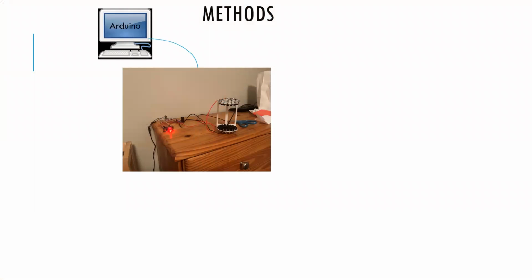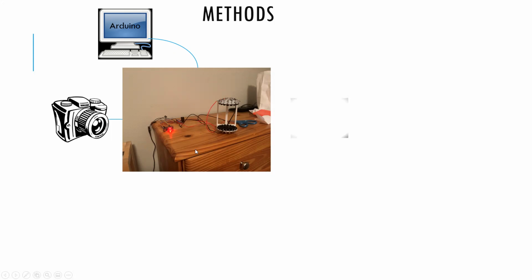My methods are as follows. I used an Arduino, programmed a computer with the Arduino program installed, along with the apparatus as shown here, including this little chip that basically acts as the Arduino program driver.